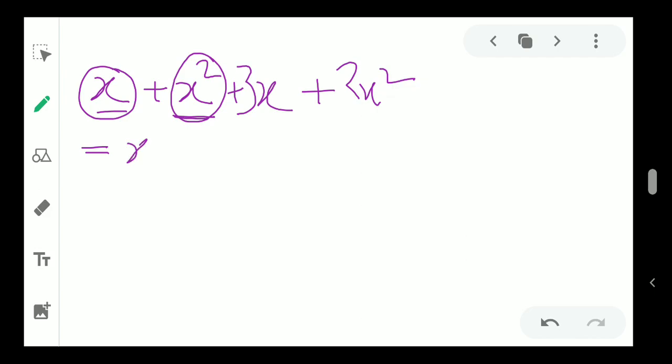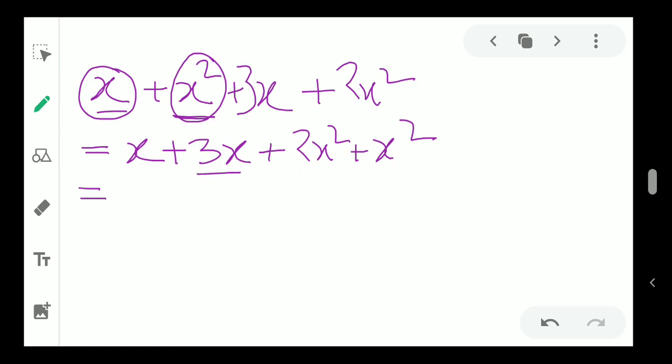I will arrange all the x on one side and all the x square on another side, so this is 2x square plus x square. I have just rearranged, and now we know that there are 3x and there is 1x, so I have a total of 4x, and there are 2x squares added up together and another x square, so I have a total of 3x square.